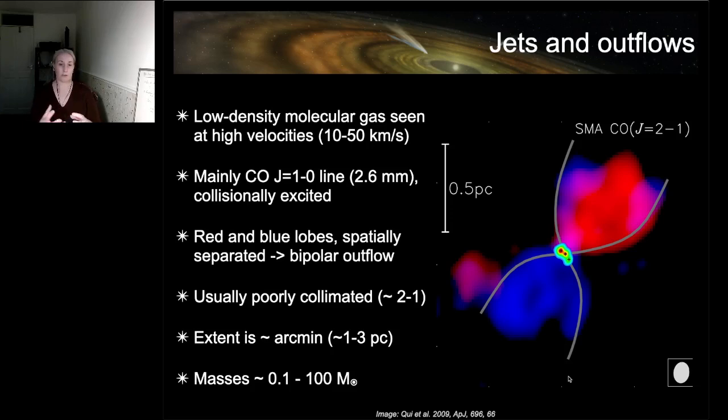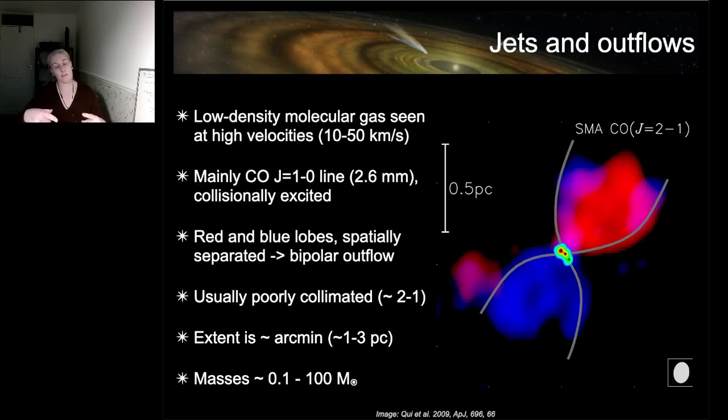So these jets and outflows are playing a very important role in actually helping to stabilize the formation of the star. Because you're collapsing over 6 or 7 orders of magnitude, and you have a little bit of angular momentum at the start, so a little bit of rotation, when that object collapses, everything spins up very, very fast. And if you've no way to actually carry away angular momentum, the star would never be able to form, because it would be spinning so fast, it would spin itself apart.